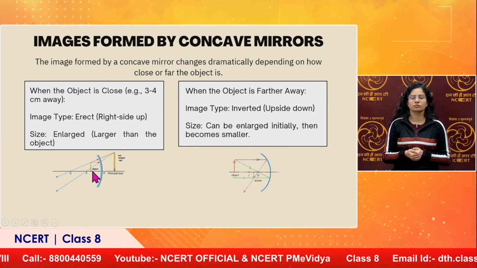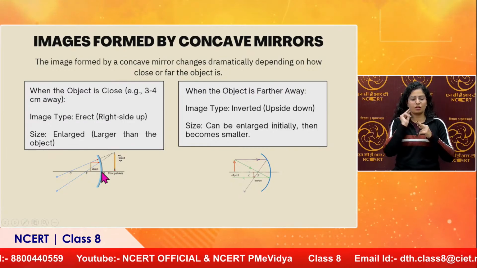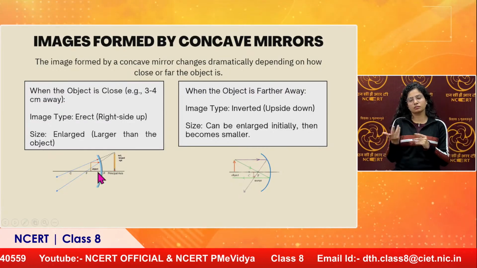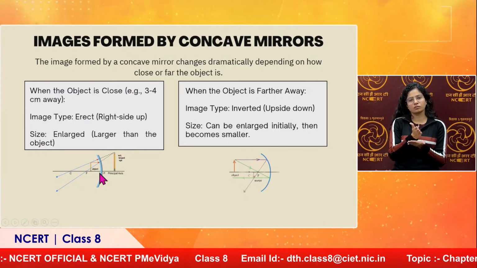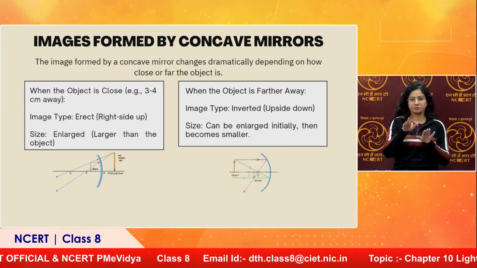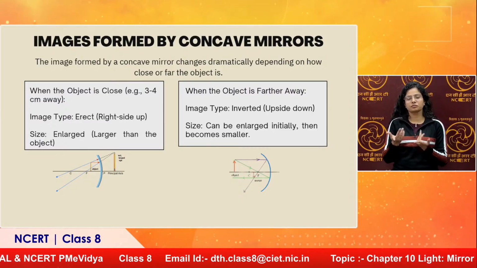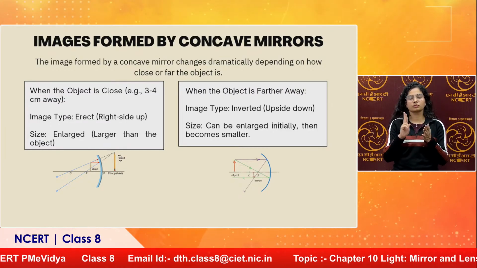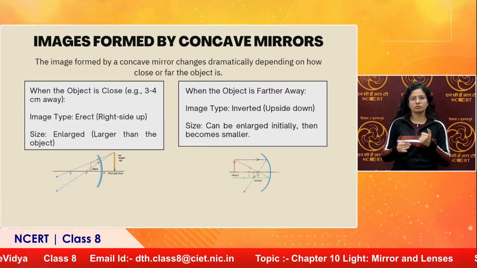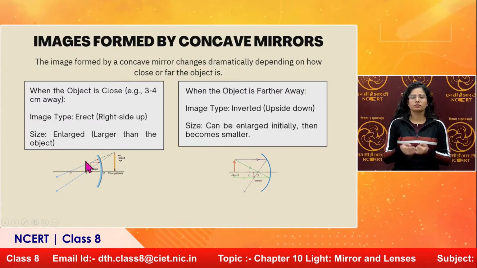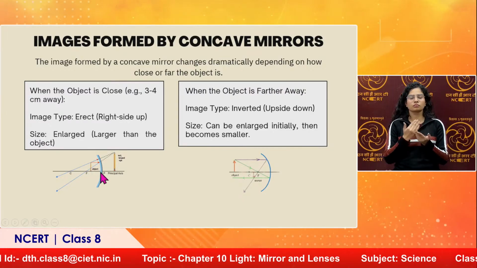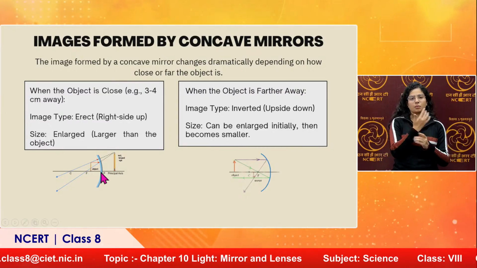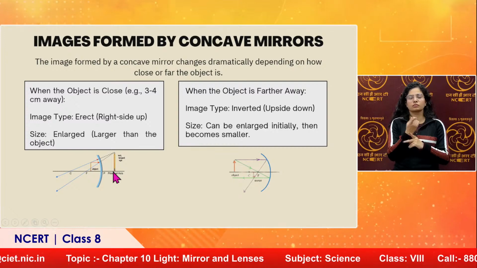So when the object is close, what will happen? That is this case only. I told you there are 6 conditions wherein the image formed by a concave mirror is different. This figure is the last condition, wherein the object is so close to the mirror that it forms an erect image.